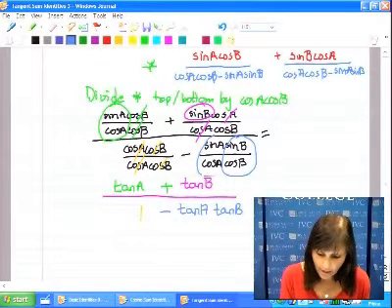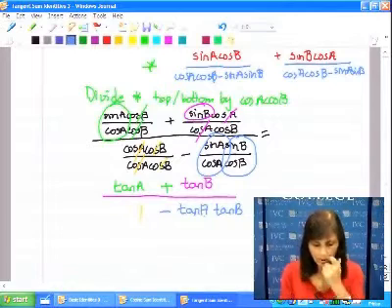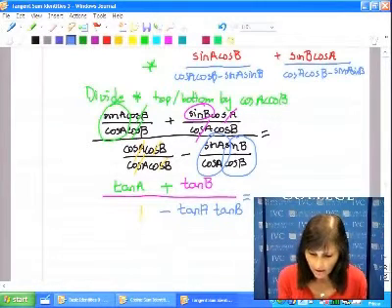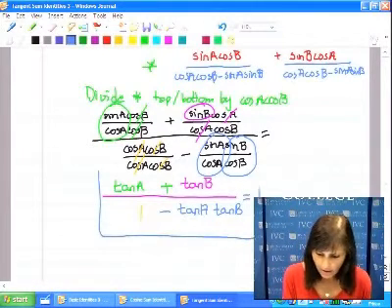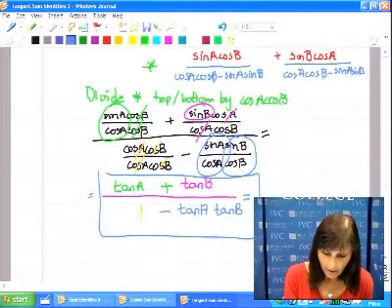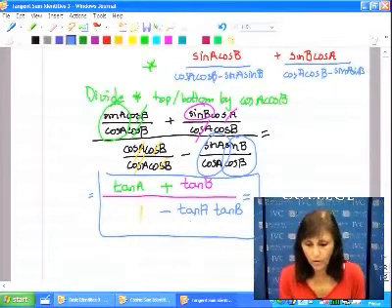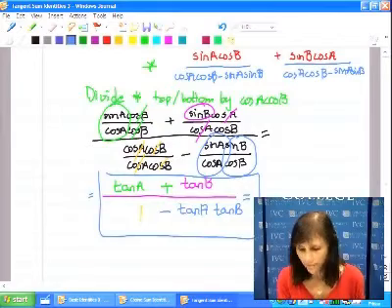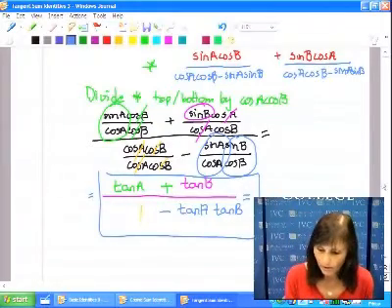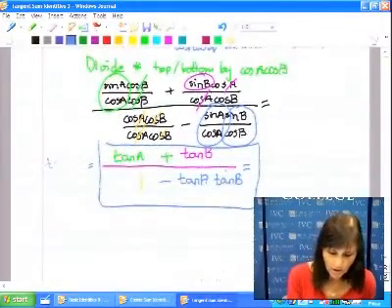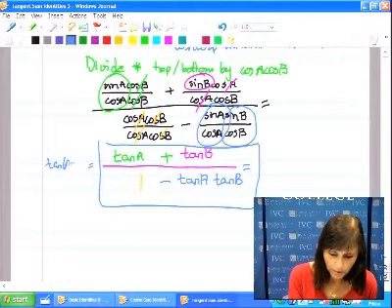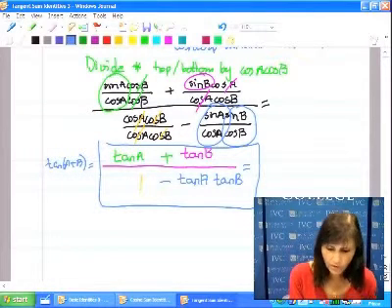And sine a over cosine a, that's tangent a. So what do I have? Tangent a plus tangent b over 1 minus tangent a tangent b is actually, what did I start with? Tangent a plus b. You can do the derivation yourself.